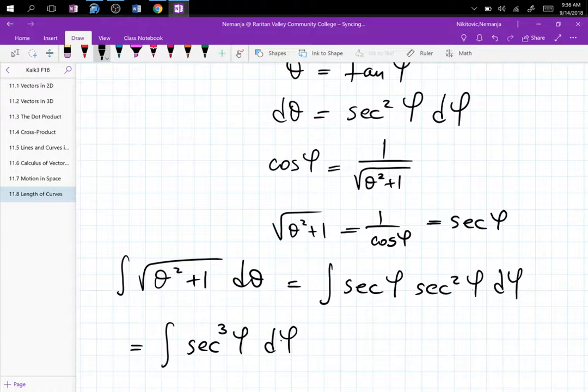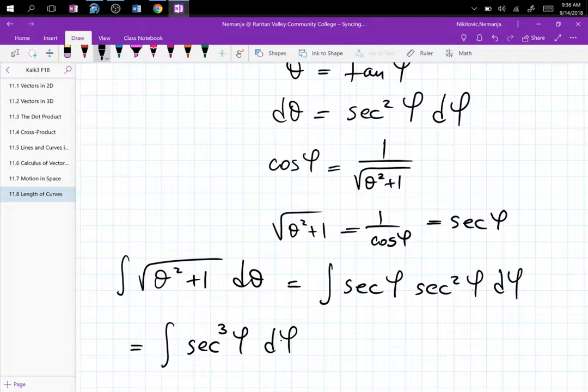This problem couldn't work out any worse than it just did. Secant cubed is one of the worst integrals that you can encounter in your trig integrals, 7.3. You have to solve this using, does anyone know?